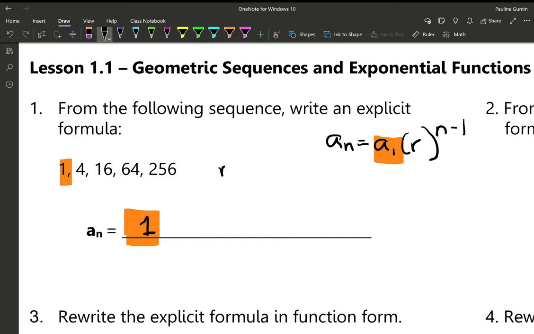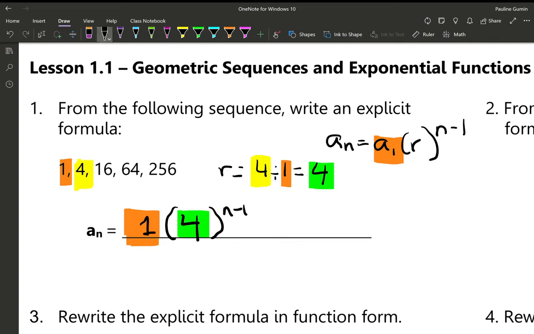Now, in order to find our r, our common ratio, we're going to take our second term and divide it by the first term. So we're doing 4 divided by 1. 4 divided by 1 is 4. Perfect. Let's make that green. So 4, and then up top, n minus 1.